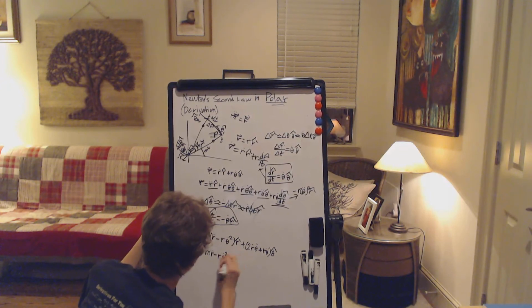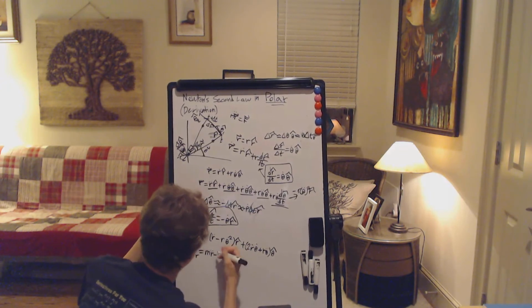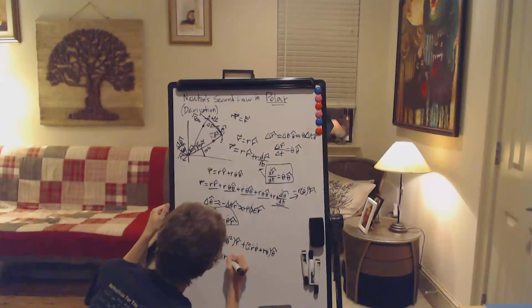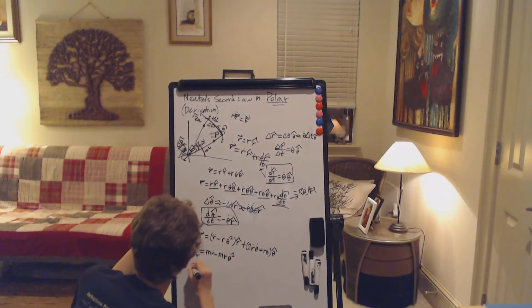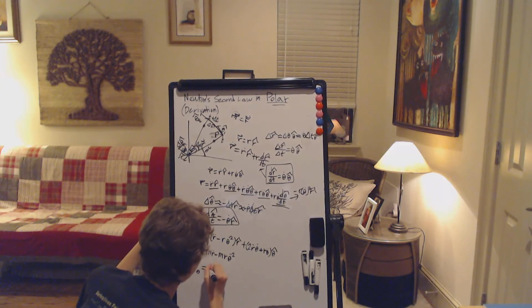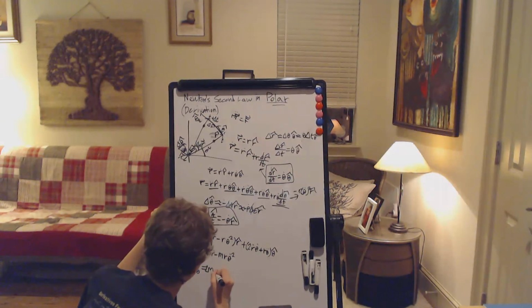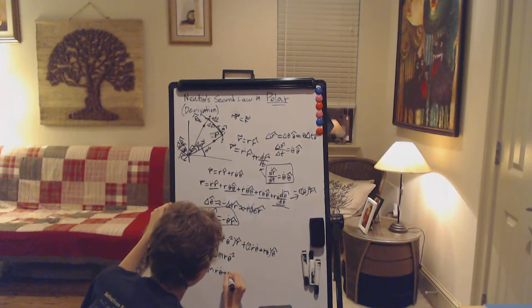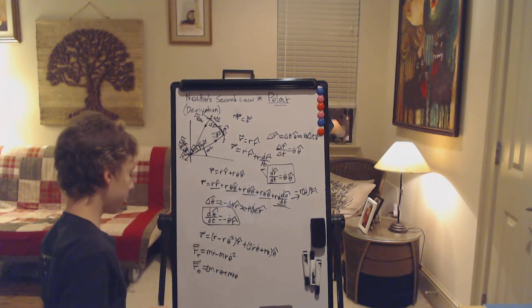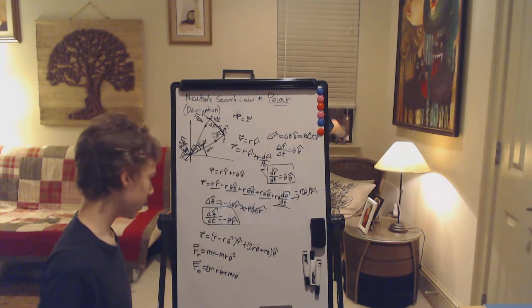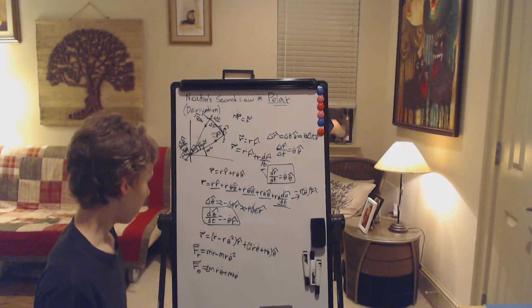Sorry, I'm missing the m. And then finally F in the theta direction is going to be equal to 2m r dot theta dot plus m r theta double dot. And we are done. There are a few more things I would like to point out about this though.